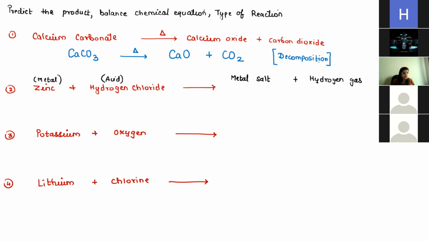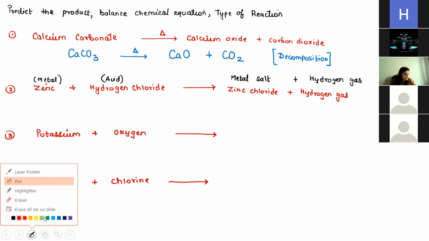Okay. Next one, zinc plus hydrogen chloride gives you what? Charvi, zinc plus hydrogen chloride. If it's a metal, zinc salt, chloride. Yes, it will be zinc chloride plus hydrogen gas.